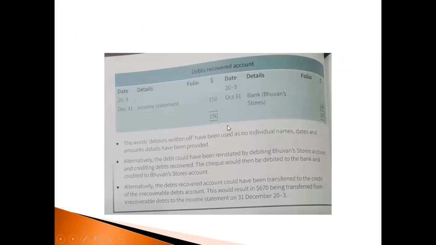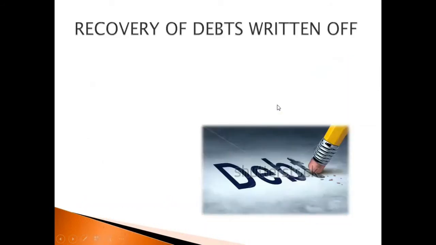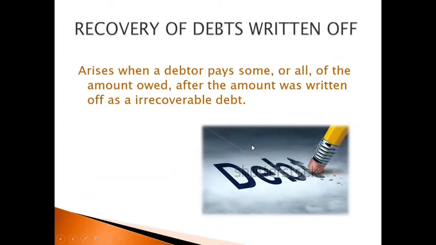If you look at the entries, what will be the entry? Okay, the entry would be credit to debts recovered account. Then you put a bracket here to specify the name of the debtor returning the debt. But it doesn't mean debit to Bhuvan store's account again, because Bhuvan store's account has already been closed. We don't debit into Bhuvan store's account again.